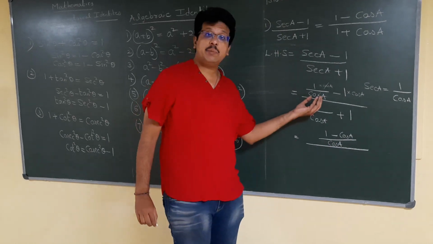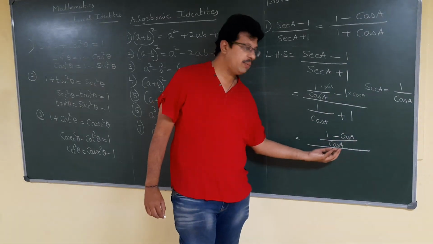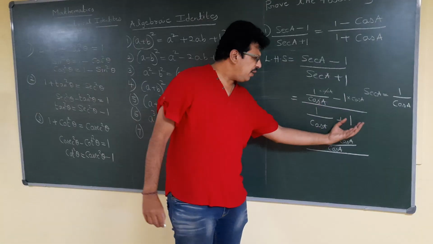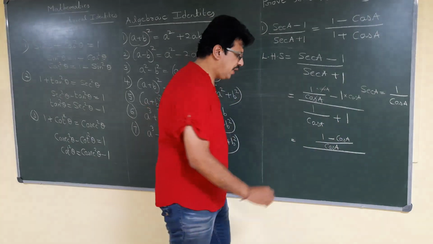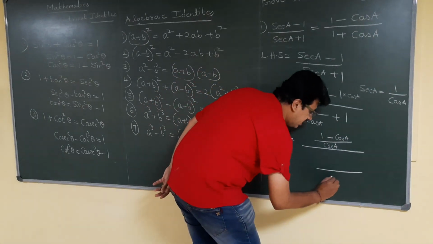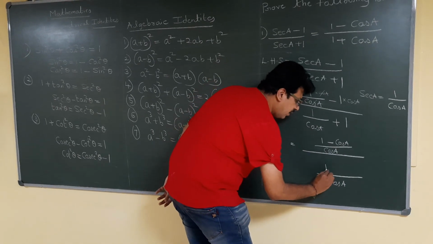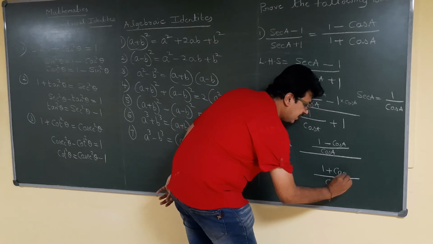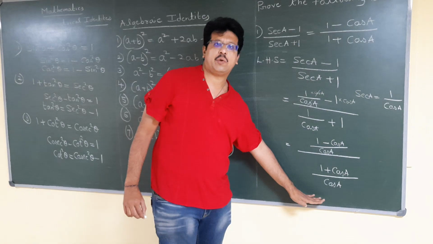So this is the concept of LCM, taking LCM cos A and writing 1 minus cos A by cos A. The same thing I am going to follow in the denominator also, because a plus sign is there in the middle. So definitely I should take LCM. Here also LCM is cos A. So you are going to get 1 plus cos A by cos A. The same concept I explained in the numerator comes in the denominator also.